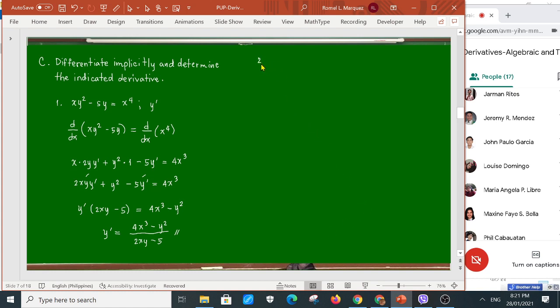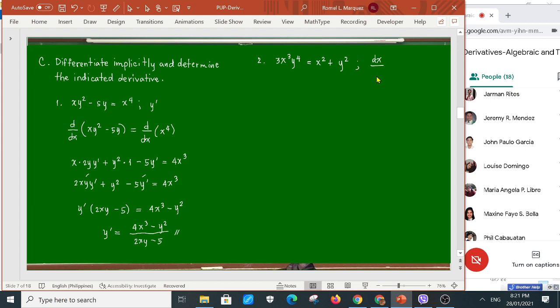Okay, number 2. What about if I have 3x cubed y to the 4 equals, let's say, x squared plus y squared. I want the derivative of x with respect to y this time.